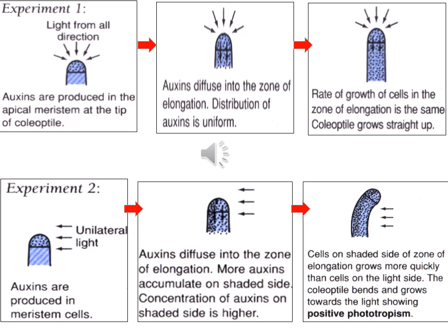And in experiment number 2, an unilateral light, the auxin will diffuse into the zone of cell elongation and accumulate on the shaded side, and then the coleoptile will grow towards the light to show positive phototropism.